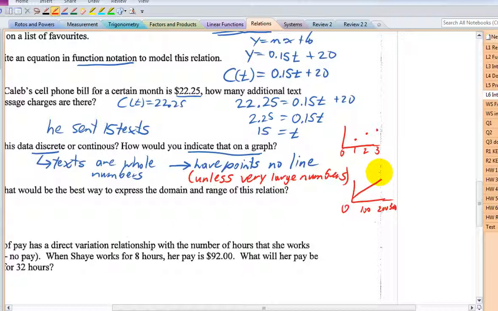There's all those points in between 100 and 200, so you should make a line. But even though you make a line, what kind of data is it? Still discrete. That does not change. Once discrete, still discrete, always discrete.